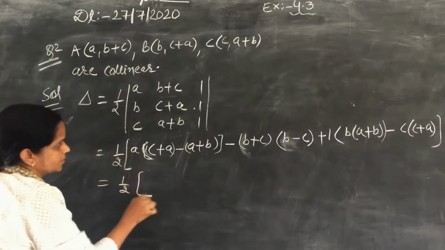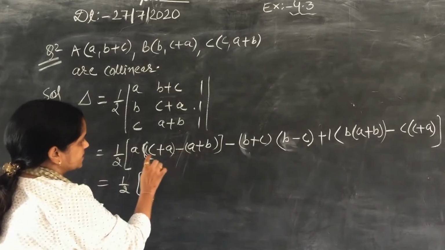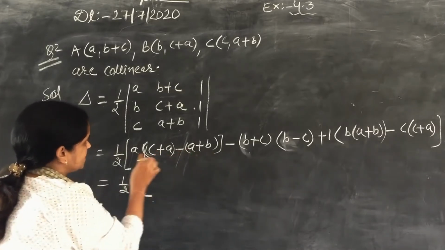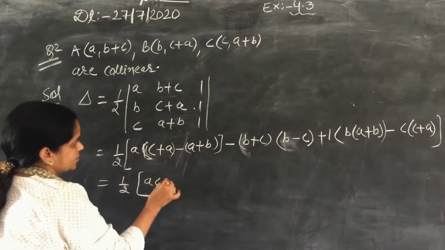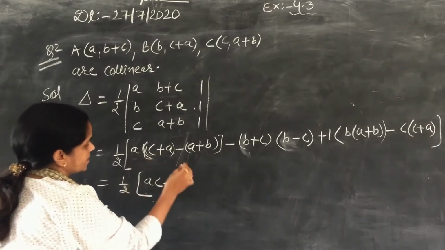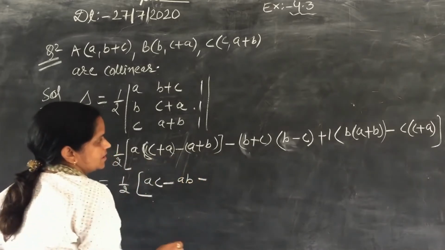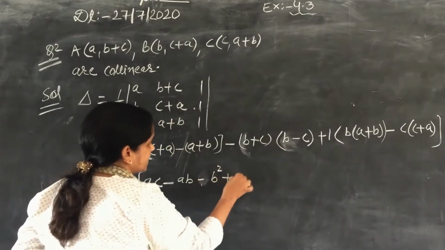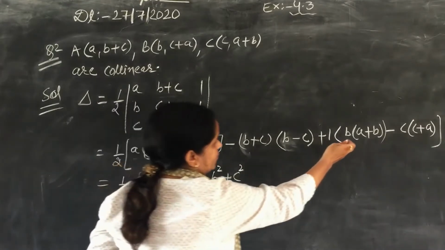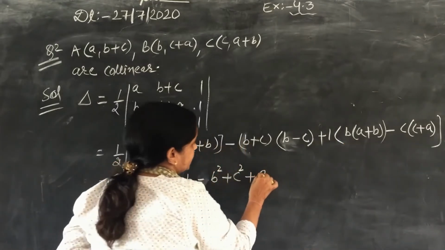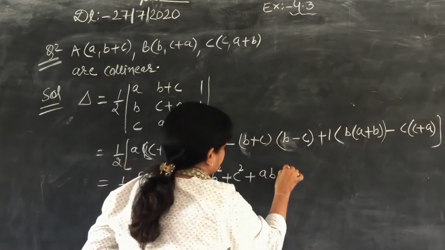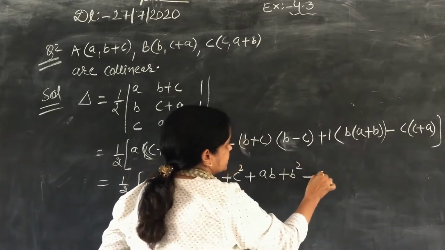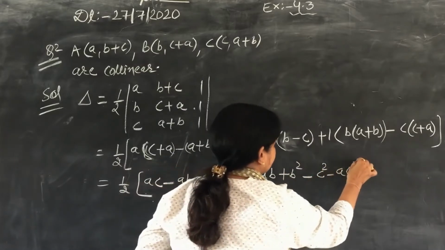1 by 2. Here student, A will cancel, we will get C minus B and multiply with A. So it's AC. Okay. And minus AB. From here, it is B square minus C square. B square and plus C square. From here, multiply, it is AB plus B square, and it's C square minus AC.